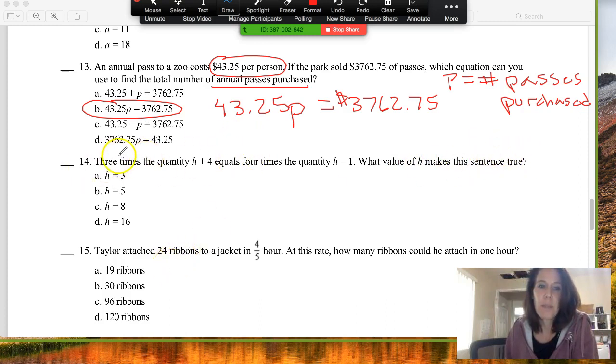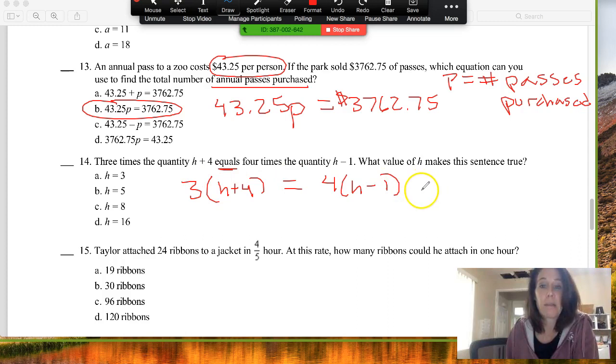Well, let's set this up. 3 times the quantity h plus 4 equals, it doesn't even say is, it says equals, which is even nicer, 4 times the quantity h minus 1. So this reads straight up like you write it. What value of h makes this sentence true?